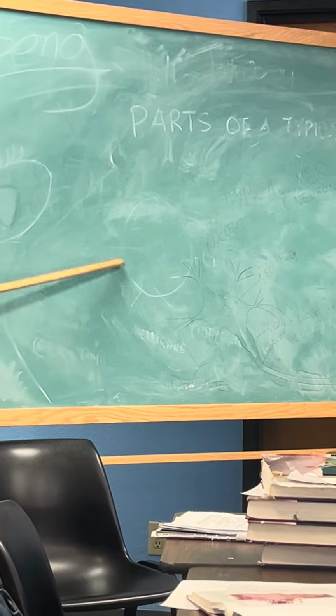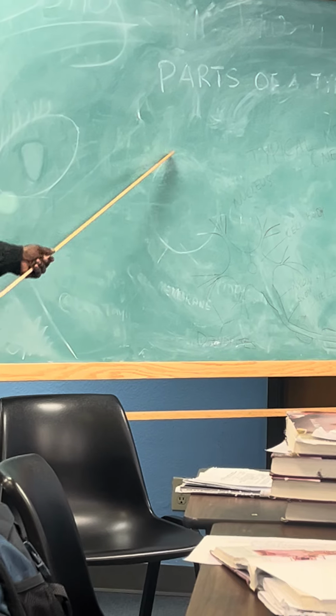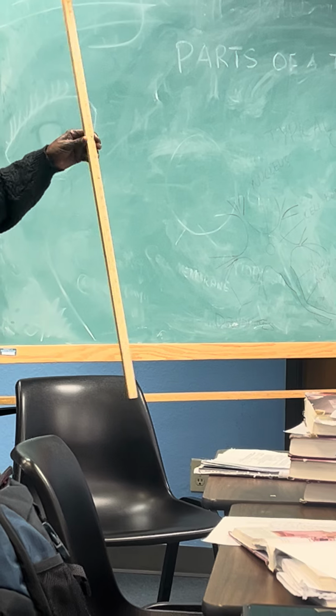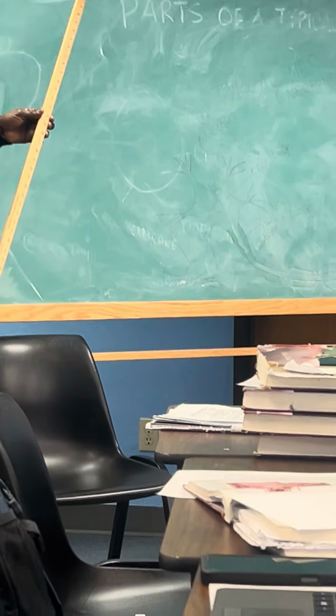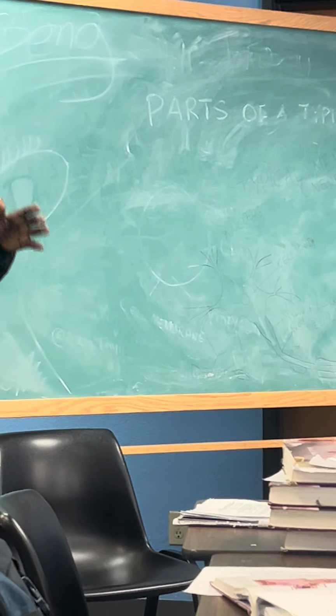Now here you have a picture of a cell. As we know from biology 1, what is the definition of a cell? Basic unit of life. Basic unit of life.